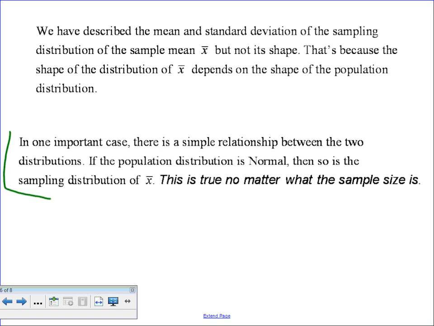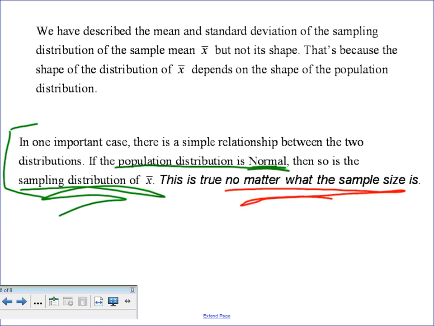So for today, if we're sampling from a normal distribution, or if the population distribution is normal or approximately normal, then so is the sampling distribution of x bar. And this is true no matter what the sample size is. So as long as we sample from an approximately normal population, our sampling distribution will be approximately normal.